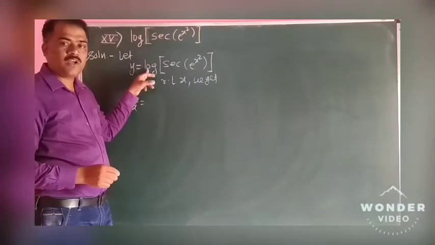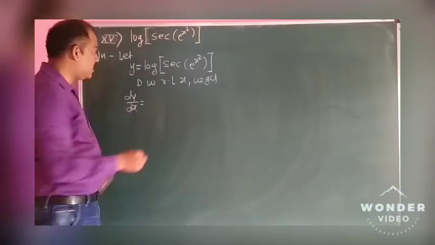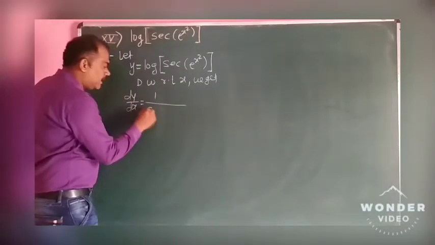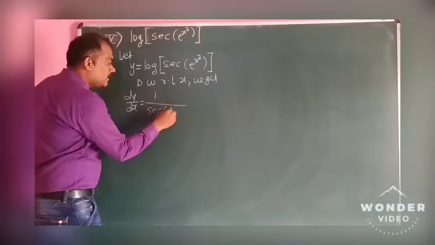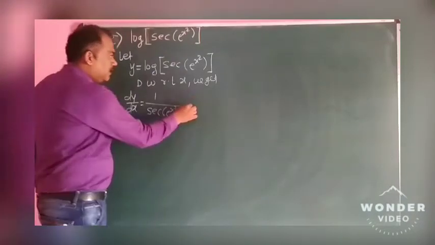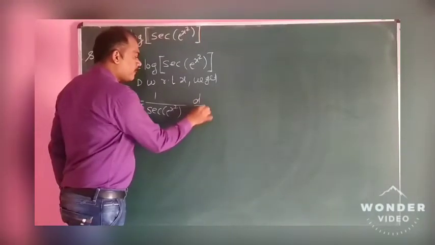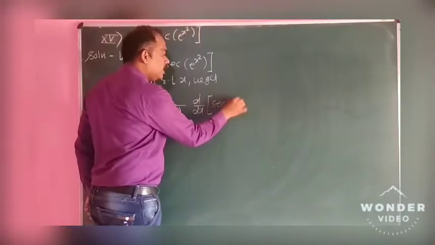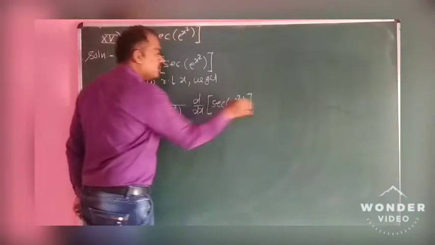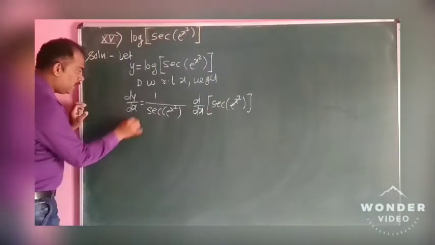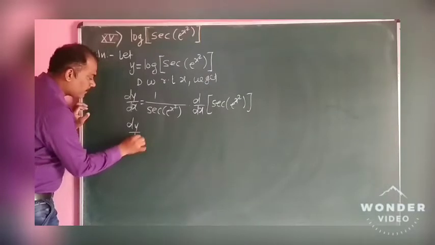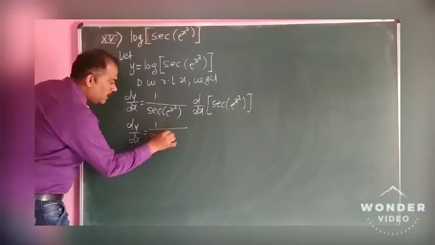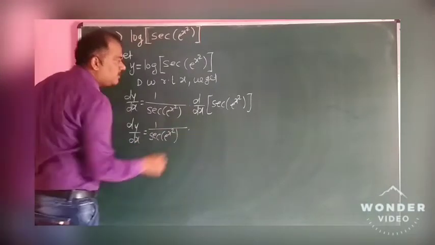What is the derivative of log x? It is nothing but 1 upon x. Instead of x here we have sec of e raised to x square. So dy by dx is equal to 1 upon sec of e raised to x square into d dx of sec of e raised to x square.